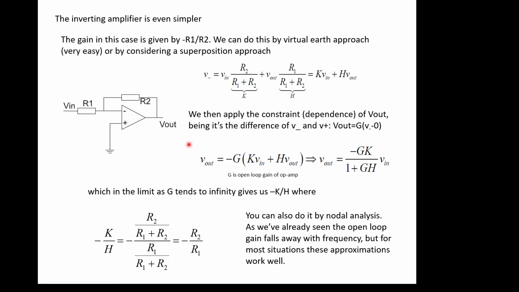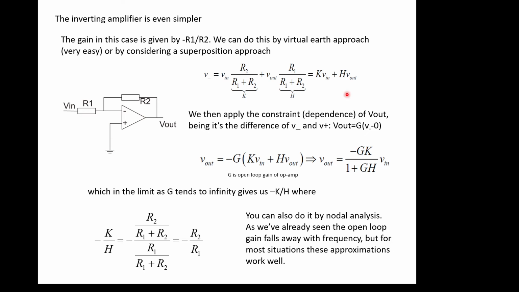Now the inverting amplifier is even simpler. In this case, the gain is given by R1 over R2, and there's a phase inversion which gives us a negative sign. There are various ways of analysing this. You can do it by the virtual earth approach, which you probably did in the first year, or you can do it by a superposition approach, treating this as a voltage source, suppressing it, treating this as a voltage source, suppressing it, working out what's going on, and adding the two together.